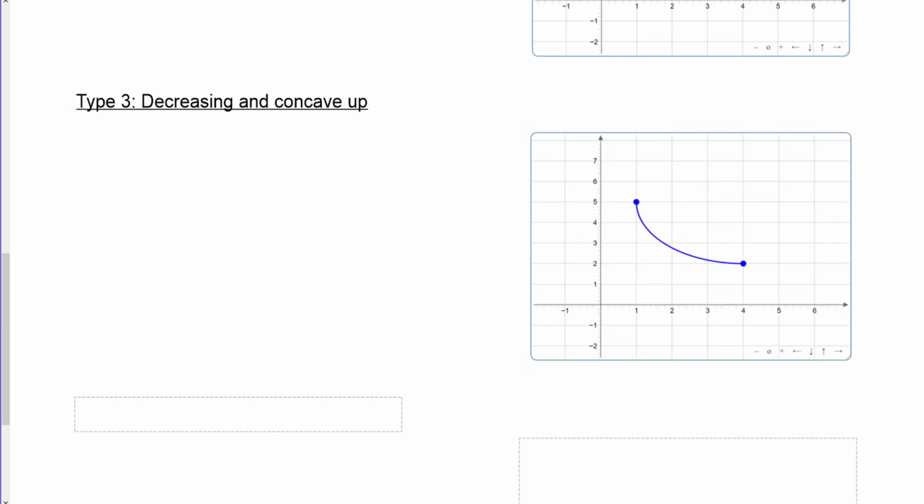So if we look at a part of a function that is decreasing but concave up, if we note the x and y values, as x increases, the y values are getting smaller. So it is decreasing. But if we draw a tangent at any point here, the curve lies above the tangent. So therefore it's bending upward, and therefore it's concave up.